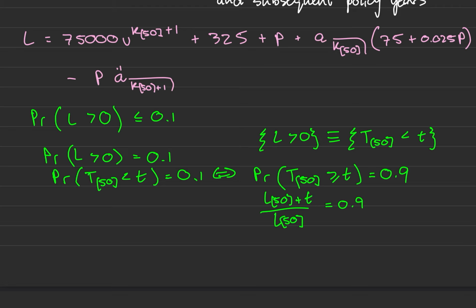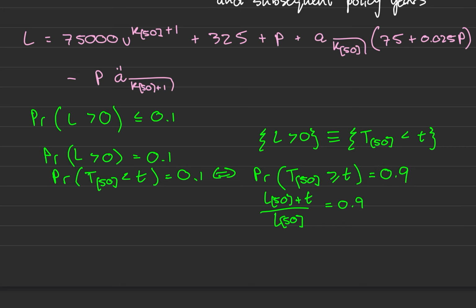Okay, so if I wanted this probability to be less than or equal to 0.1, then what I'm actually wanting is where this is greater than 0.9.